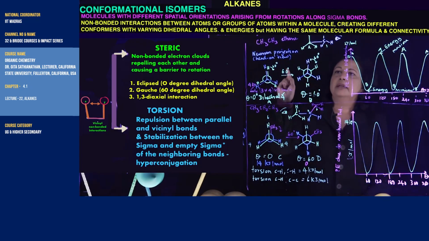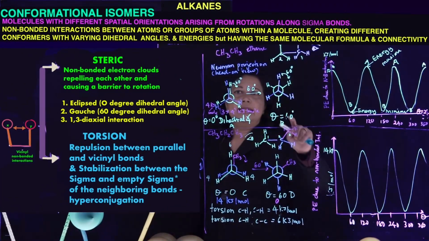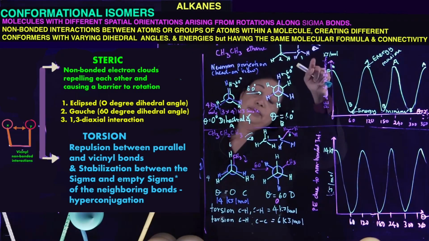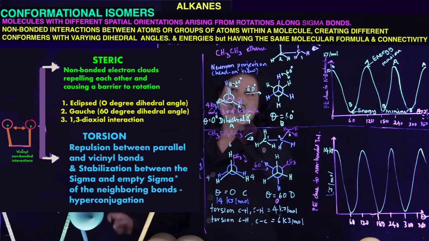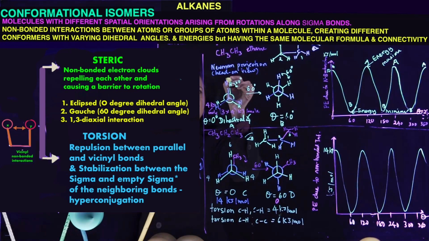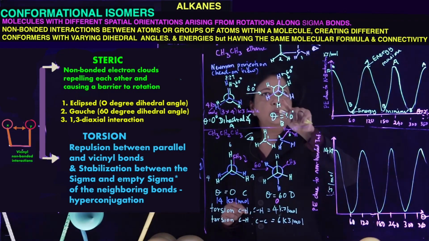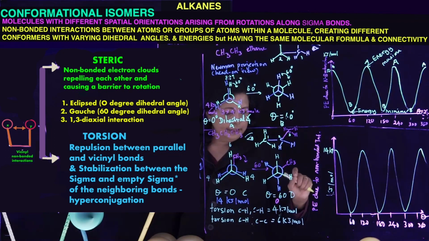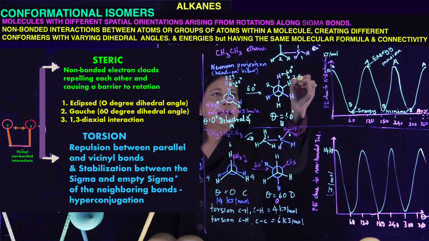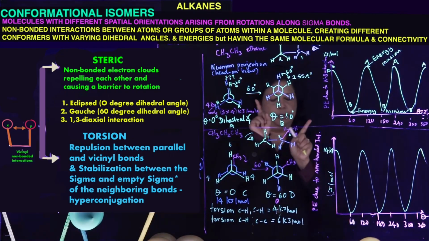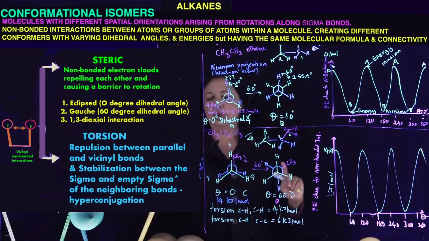One little thing about bond distances: is the distance between these CHs different when they rotate? Of course, they're going to be different. So here in this eclipsed conformation, the CH distance is 2.29 angstroms between these two. And then when it moves away, obviously it gets a little bit longer, but not too much. It's 2.55 angstroms. So you can see the distance getting bigger would cause less torsion.